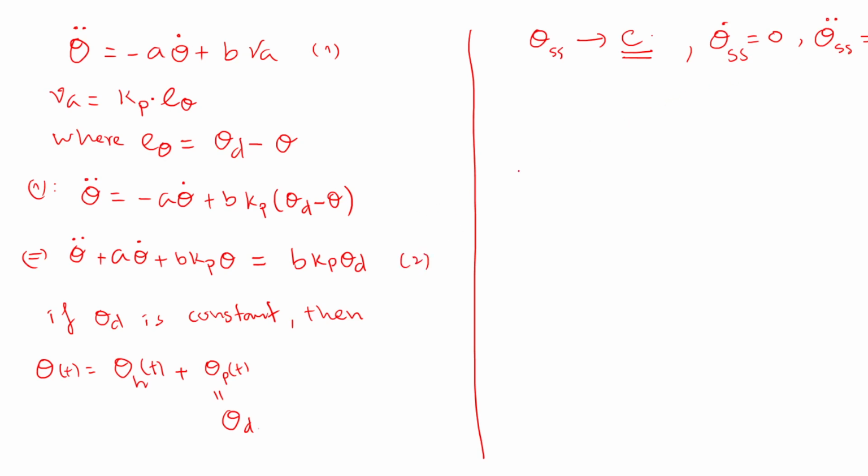So from equation 2 you have 0 plus 0 plus b Kp theta equal to b Kp theta d. So it means theta is just equal to theta d. This is what we want, right?